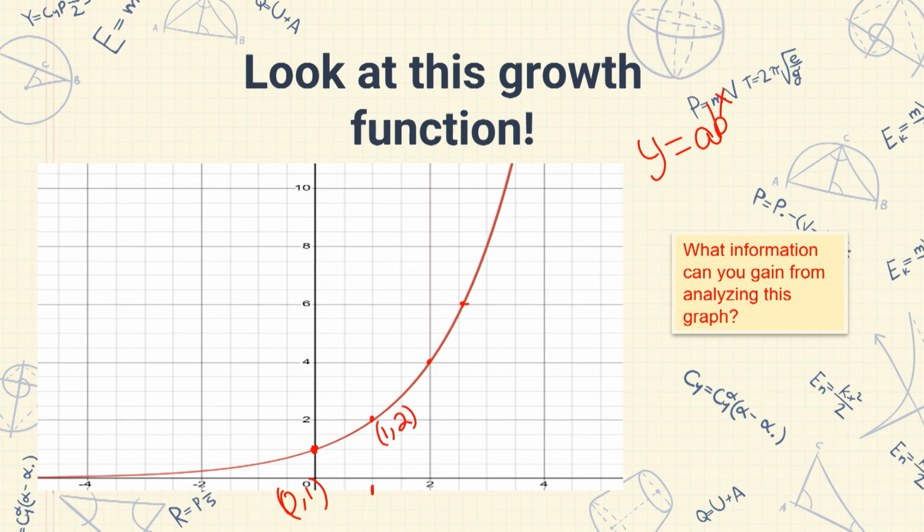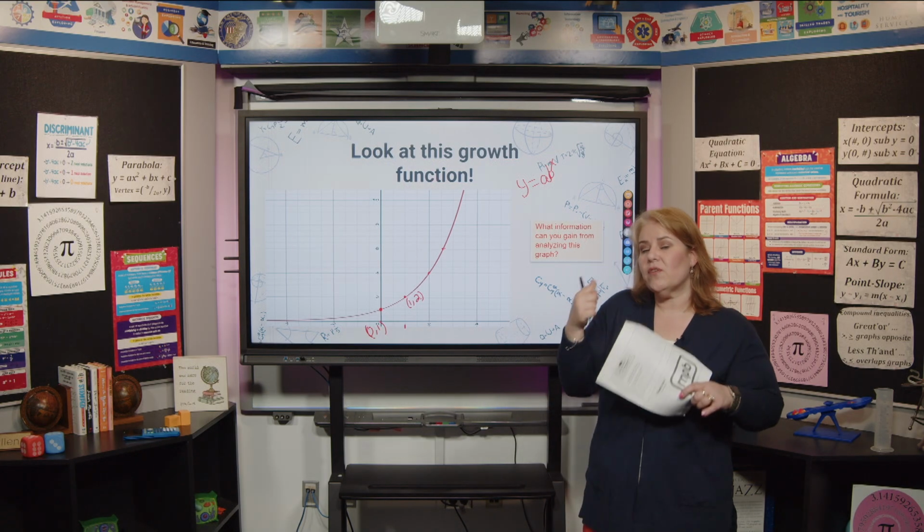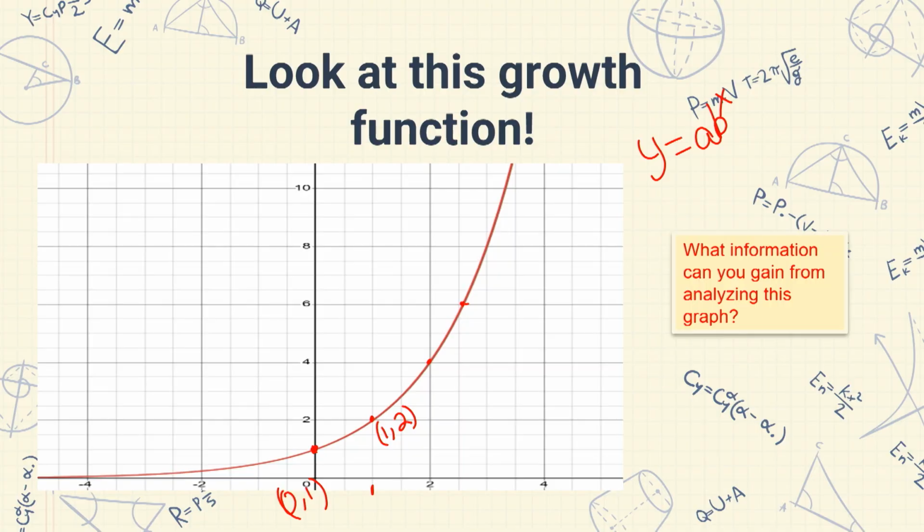So let's see if we can write an equation for this function by just getting information from the graph. I've got my first point, where I have x and y. So I'm going to put 1 equals a times b to the 0. Anything to the 0 is 1, so I know that a equals 1. So now let's find b.